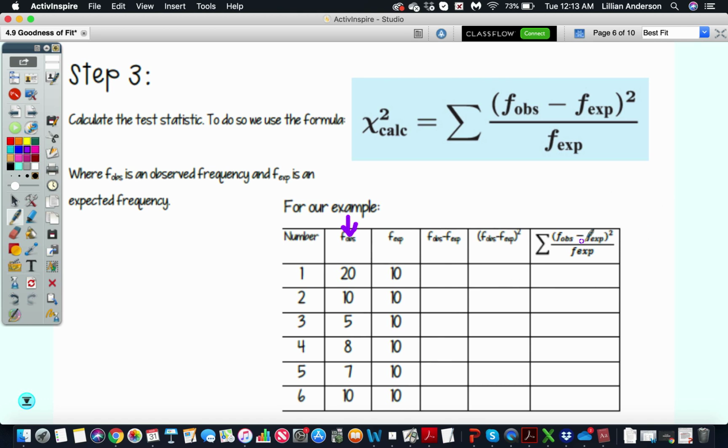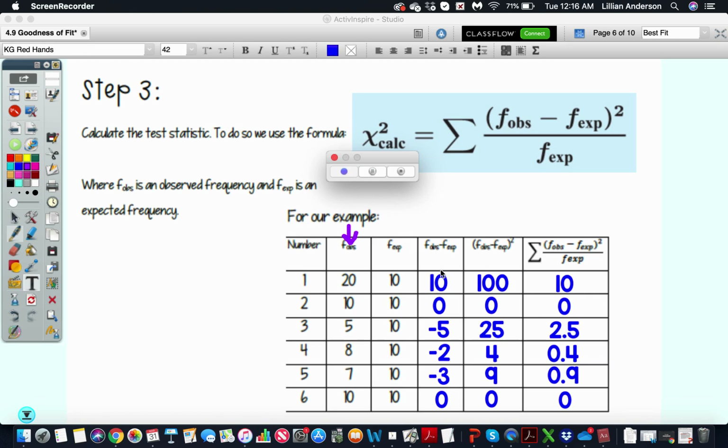And then you are going to divide each one of these values that are in this column by the expected frequency. And then I want you to sum them all up at the end and then tell me what you get for your chi-squared value. So go ahead and pause this video. When you are ready to see the answer, press play.